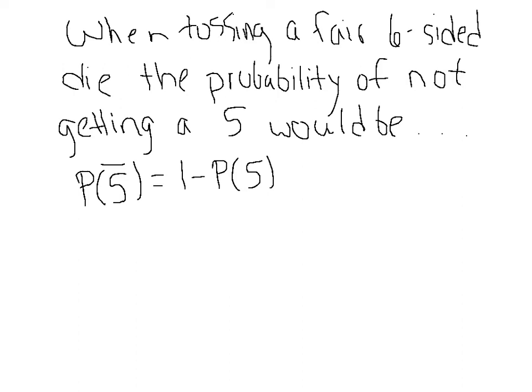Well, if we have a six-sided die, each number has an equal chance of happening. So the probability of getting a 5 would be 1 over 6.